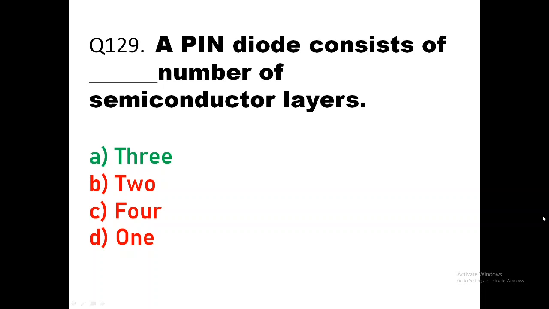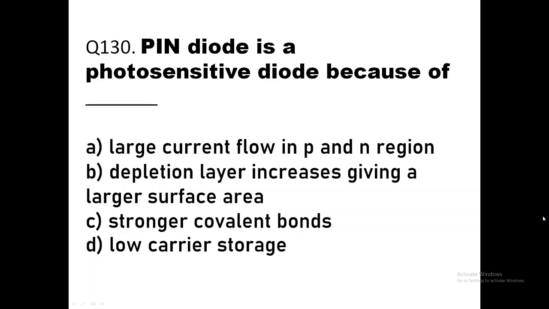Okay, then we'll go to the next question, question number 130. PIN diode is a photosensitive diode because of what? Now PIN means that I is there in between P and N type material. That I is an intrinsic material which aids in increasing the depletion layer.